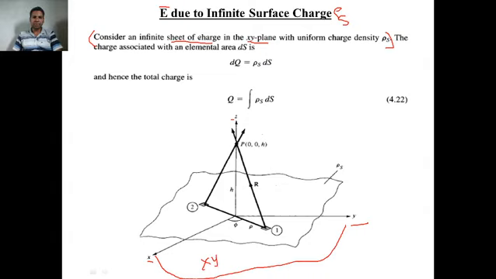So, you have to assume that the given surface charge is placed in the xy plane. Okay, xy plane. So, negative y axis is somewhere here and negative x axis is somewhere like this, this is negative x axis and this is negative y axis.